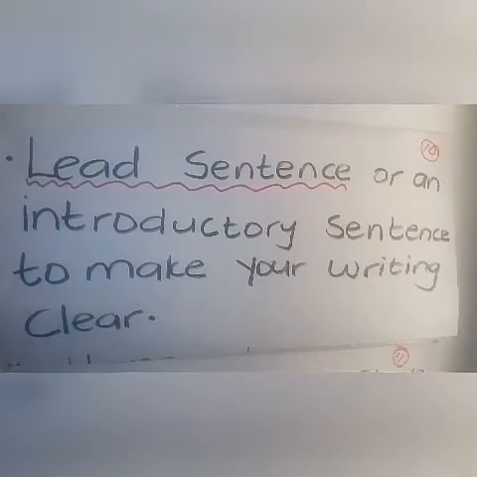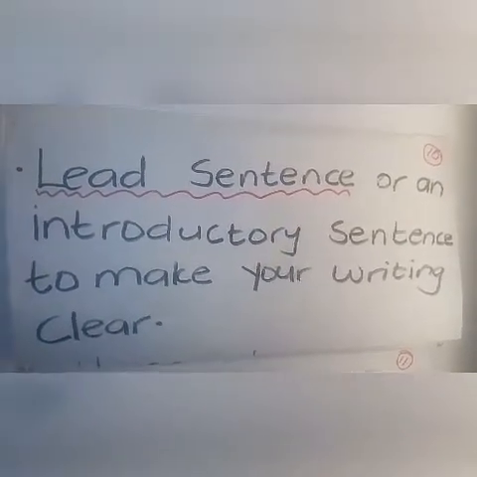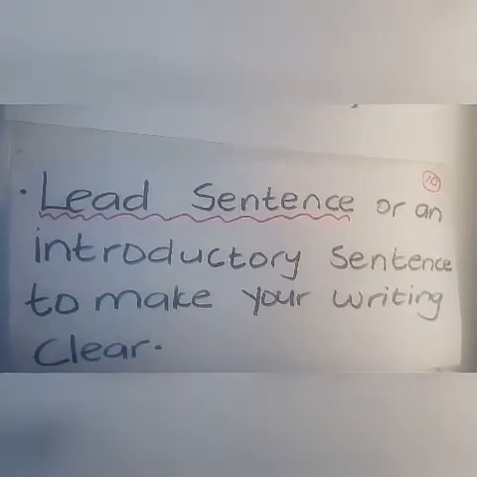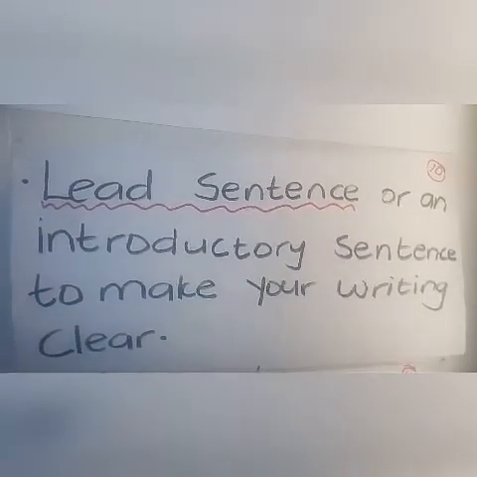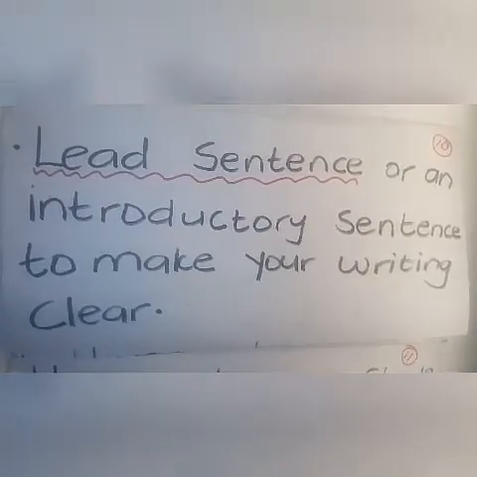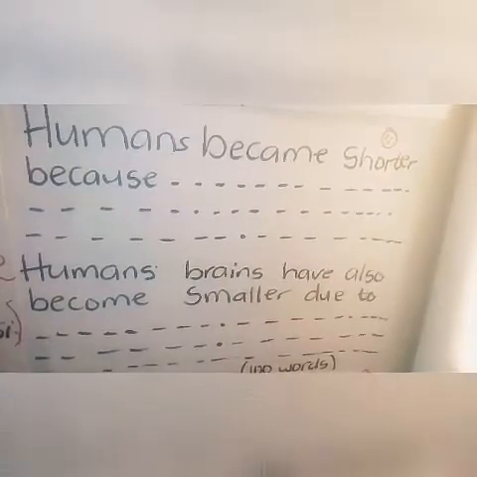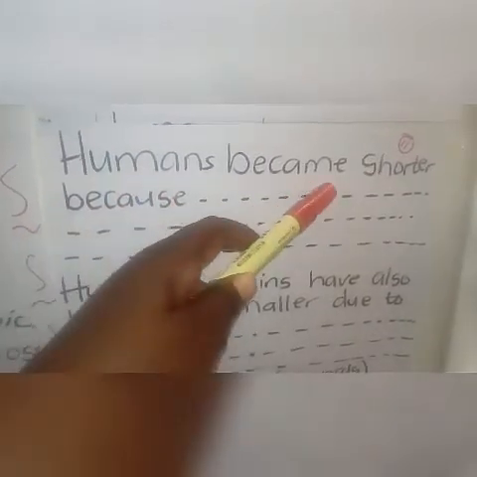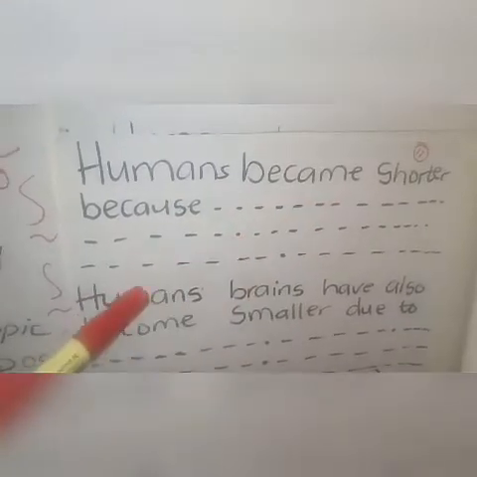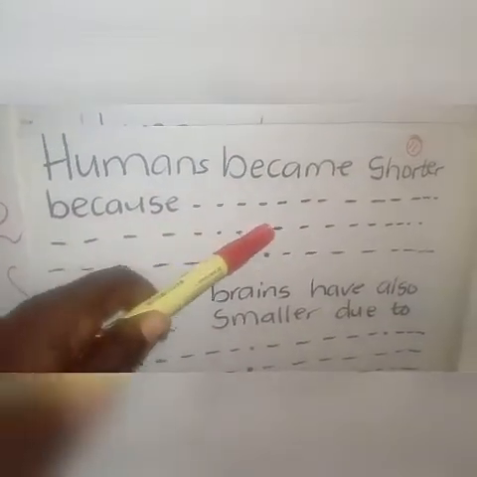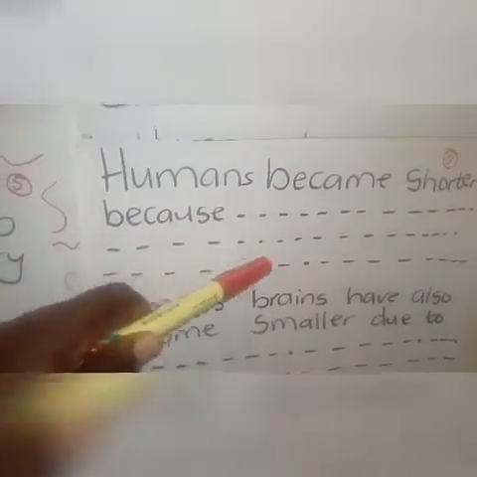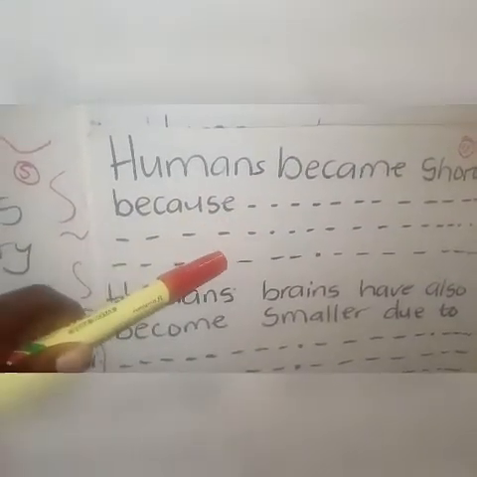If the question says, write about why humans are becoming shorter and why their brains are becoming smaller, then make sure that you have lead sentences. You can say, humans became shorter because they lack nutrients, they do not have enough food to eat, the vitamins are no longer found anywhere, depending on whatever answer is given in the text.